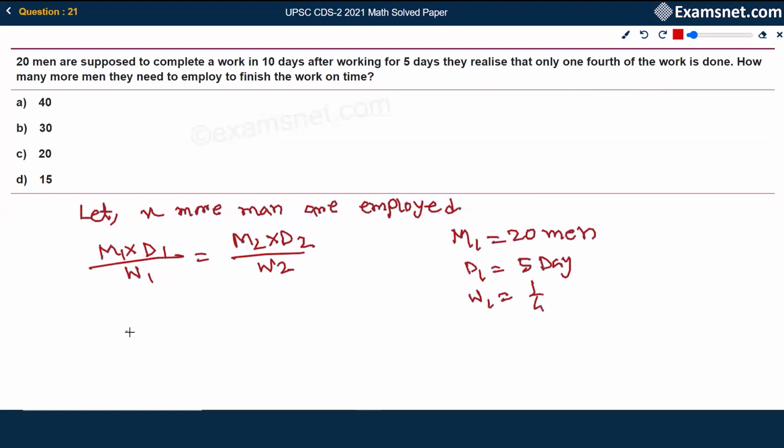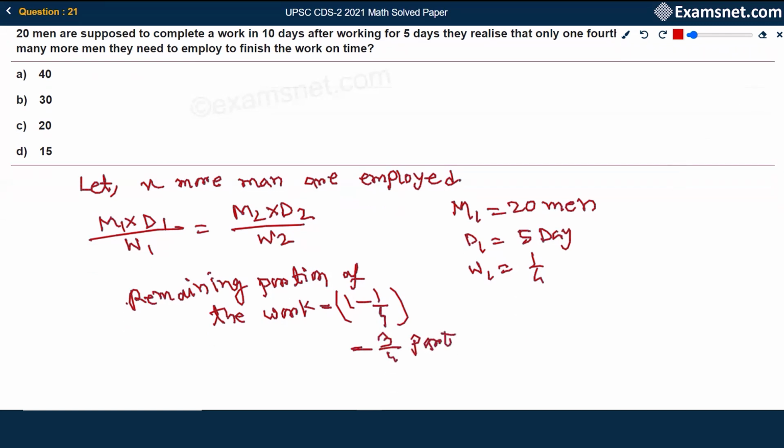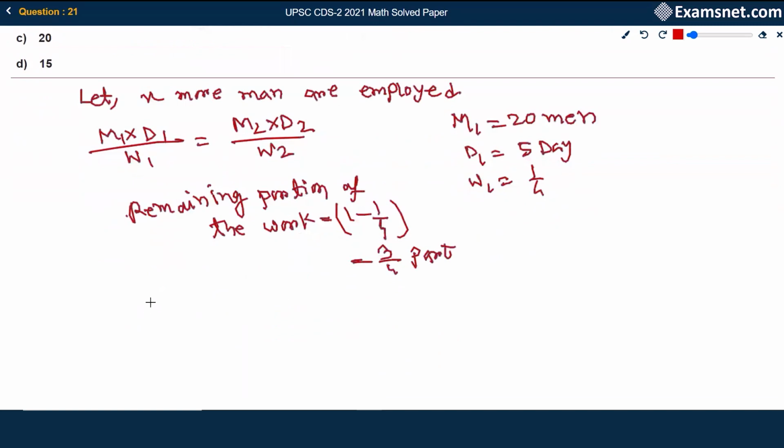If we assume the whole work is 1, the remaining portion of the work is 3/4 part.